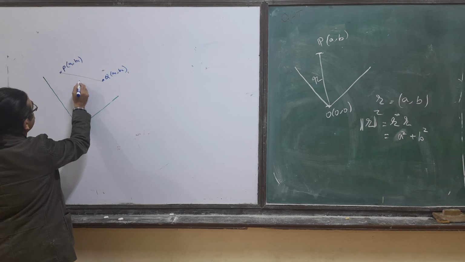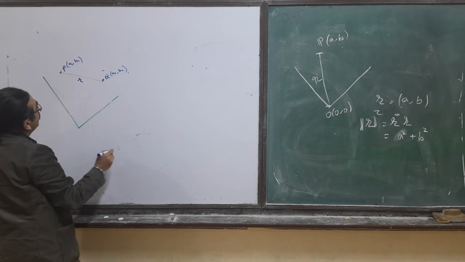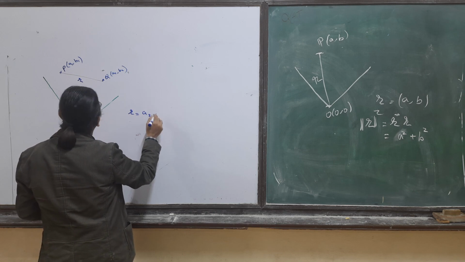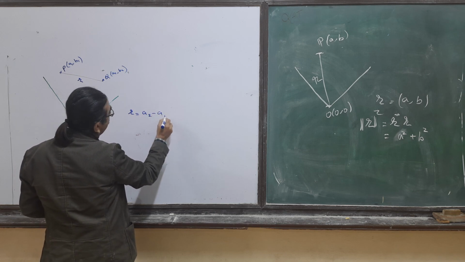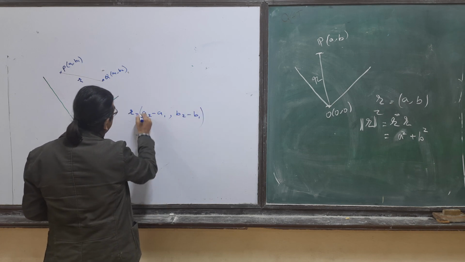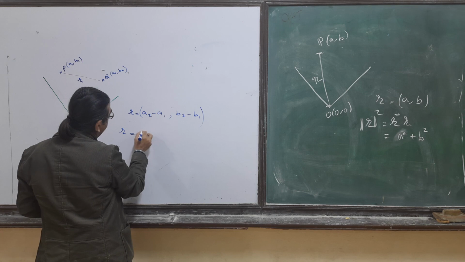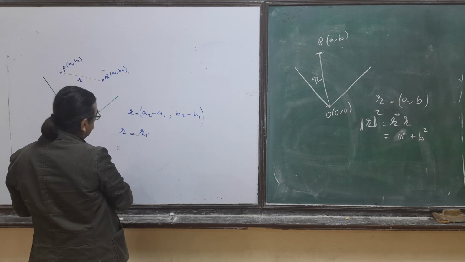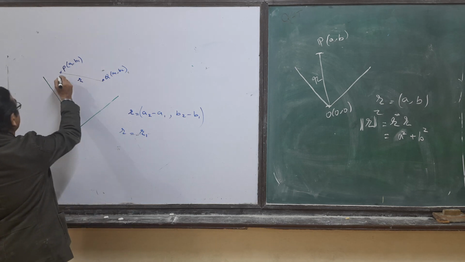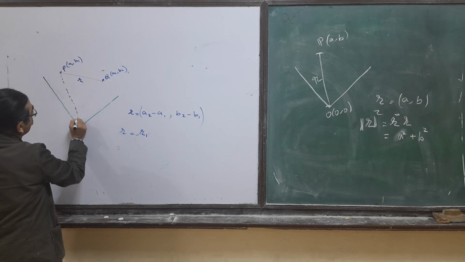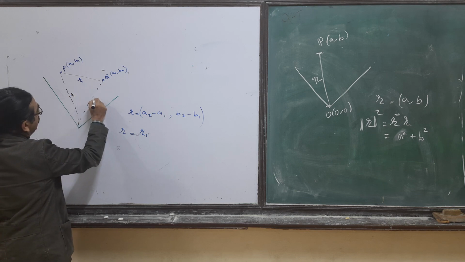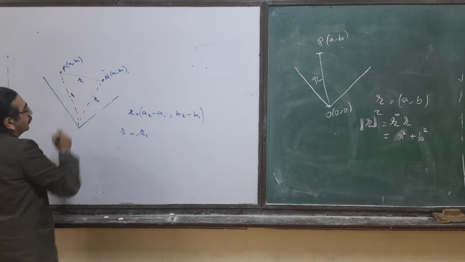this R will be A2 minus A1, B2 minus B1, or R will be R1, this will be R1, this will be R2.